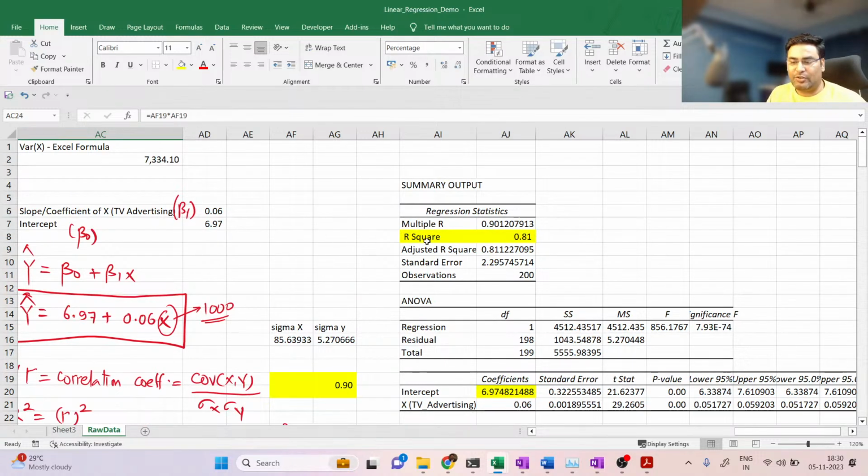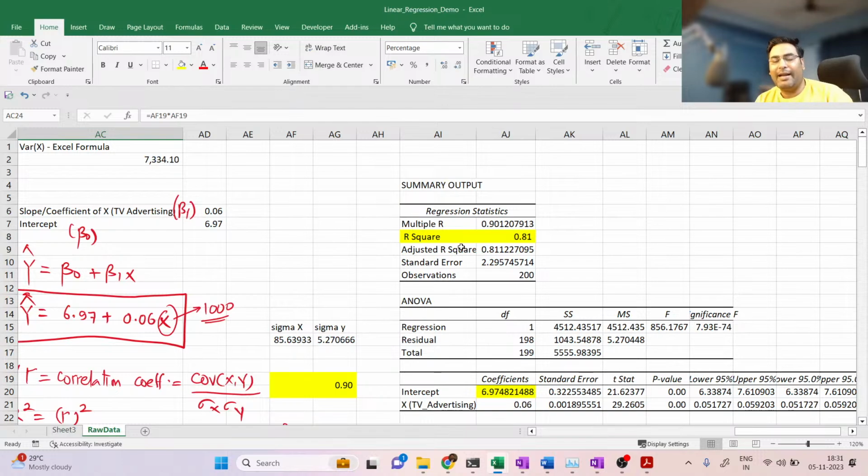When you will actually be looking at more than one variable, which is multiple linear regression equation, the only difference compared with simple is that you are going to see more number of predictor variables, right? Features, inputs. So there you will not be using R square, because R square can be a little bit misleading.